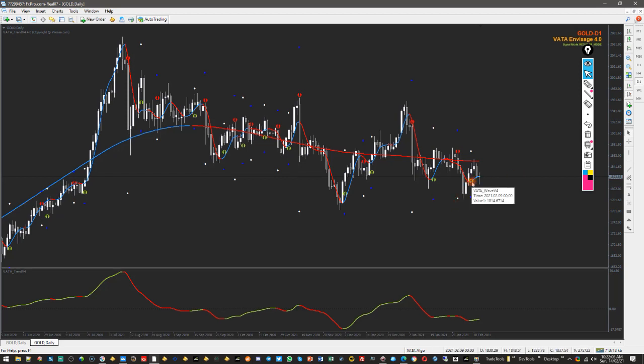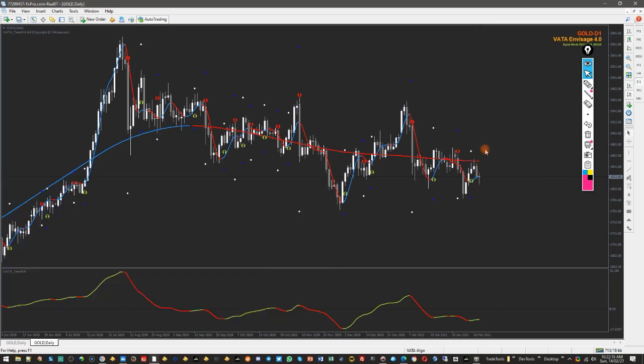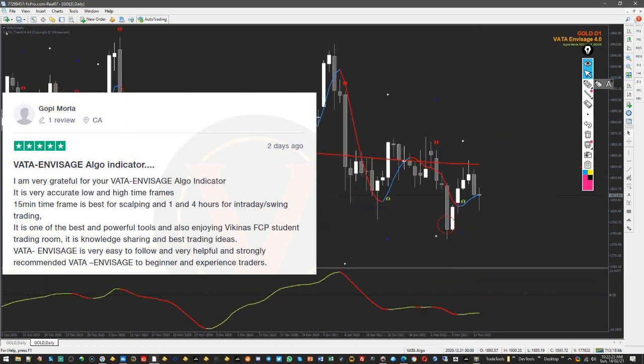We have got this bullish signal here, and this is bullish, but the Vata curve is still saying that it is bearish. So it is possible that if it finds bullish momentum, then it may come around here to 1870 level. This is on daily time frame, so that's possible.